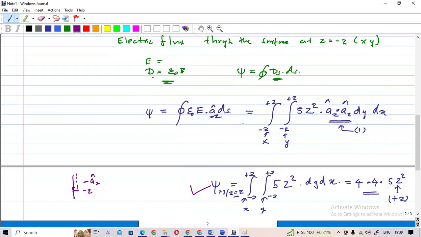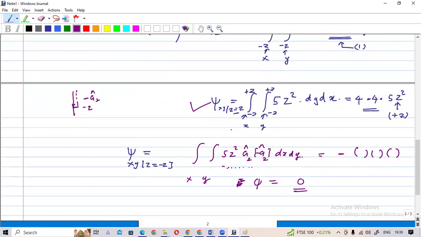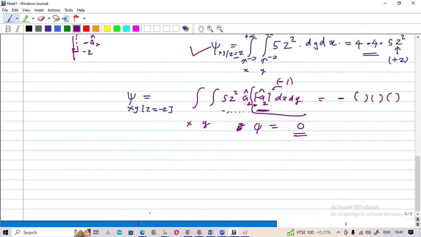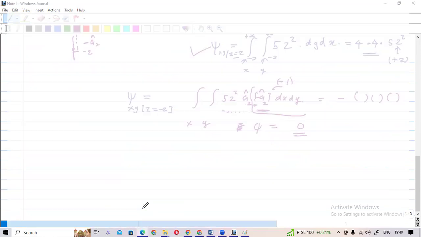Here we have to consider the minus direction, because we are considering minus as a direction. So A, those are two unit vectors. It will be 1, and the minus mark is there, so it will be minus 1. I think it should be like this. So the answer should be 0.